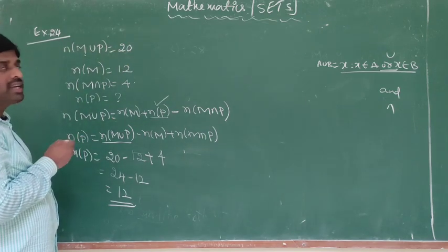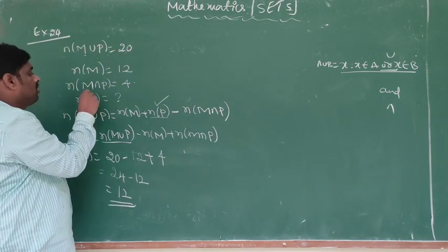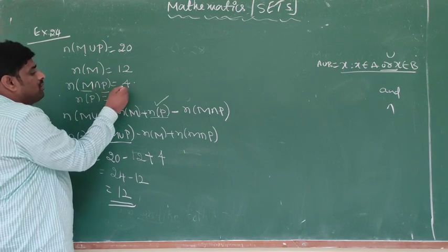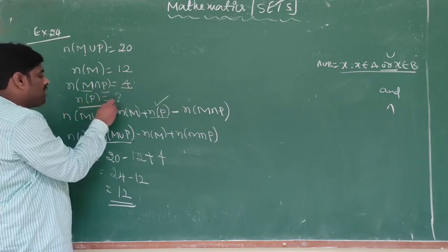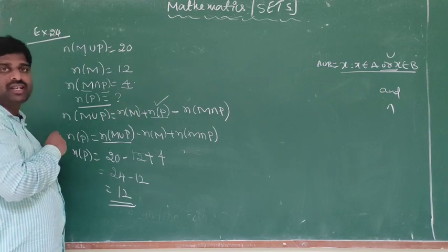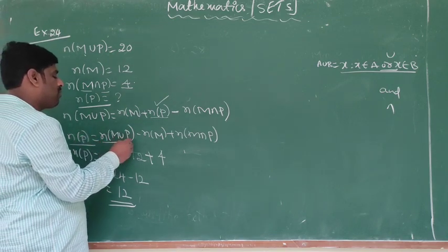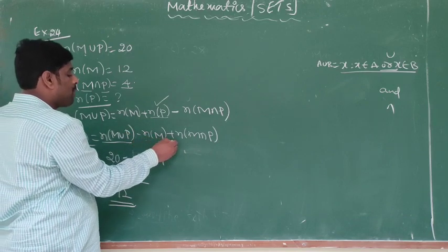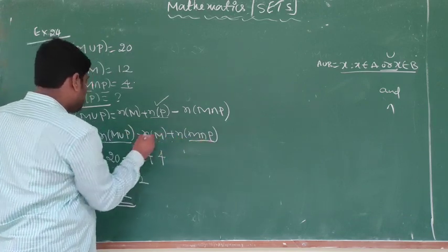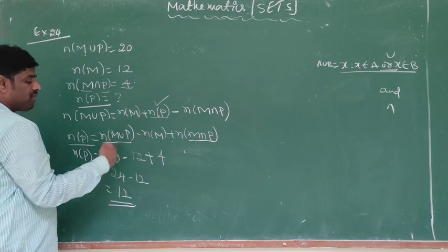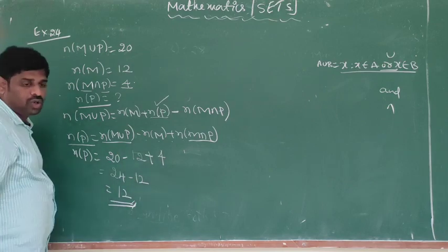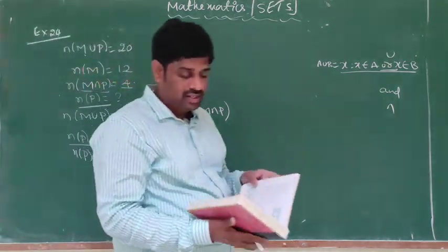The set of people who can teach both mathematics and physics, 4. Now we have to find the set of people who can teach physics. So we have the direct formula: n of P is equal to n of M union P minus n of M plus n of M intersection P. Substitute the values and simplify. You will get 12. Next question.